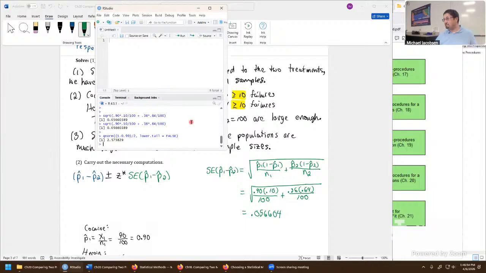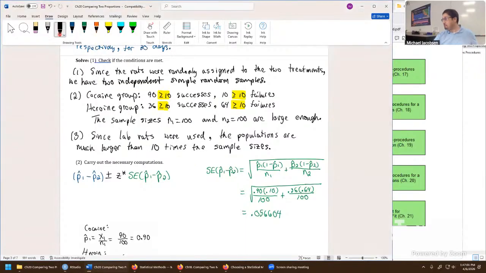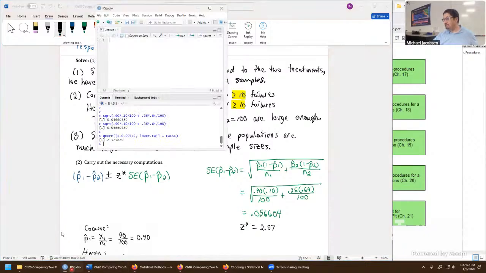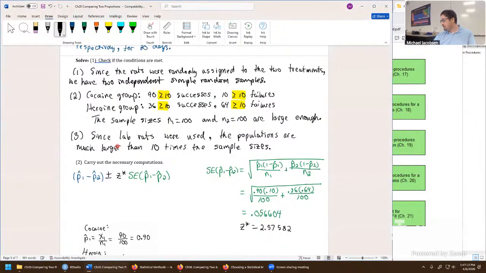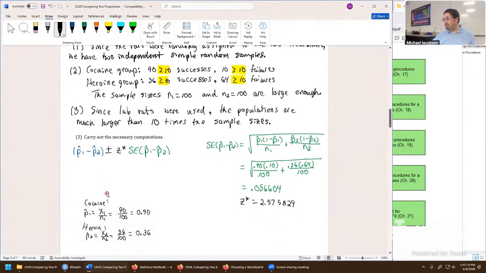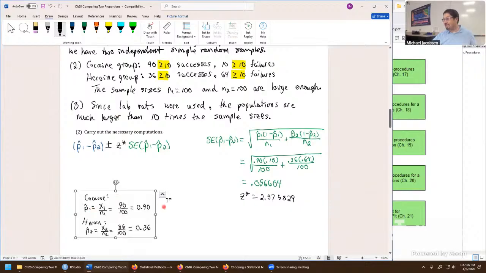Okay, we got it this time, so we're all set. I'll go with 2.575829. So z star is 2.575829. Remembering sets of digits is not my strong suit, but we get through it together.